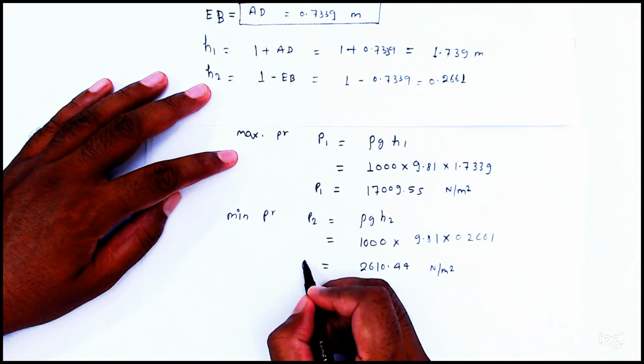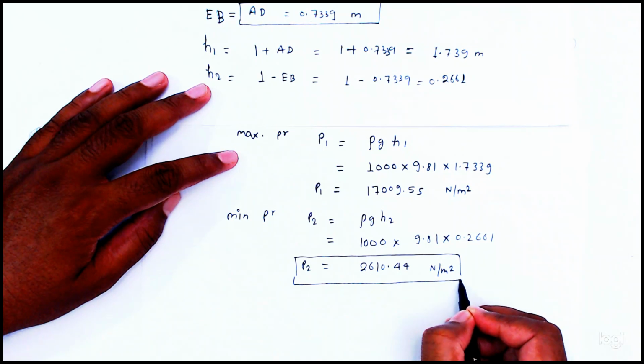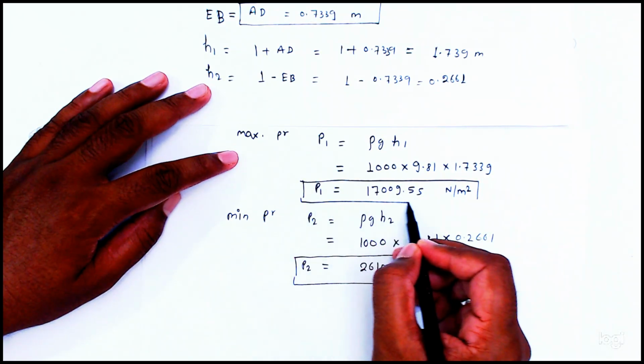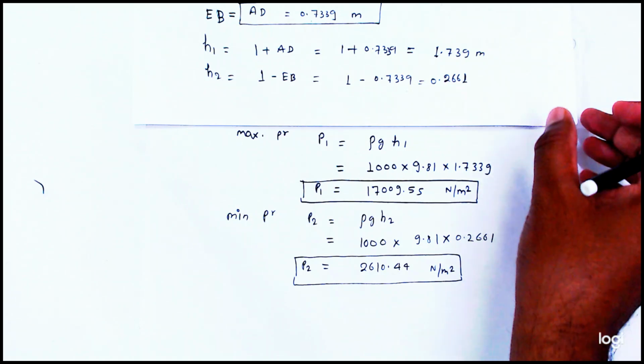So friends, this is the minimum pressure, and this value is the maximum pressure. Getting, friends? So the back end will give maximum pressure and the front end will give minimum pressure.